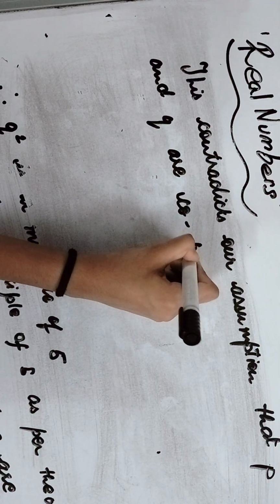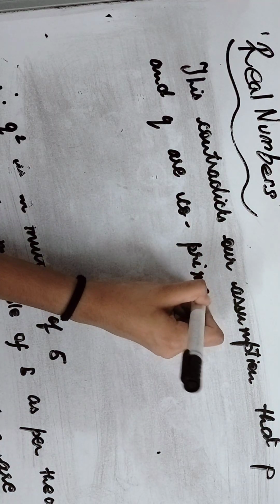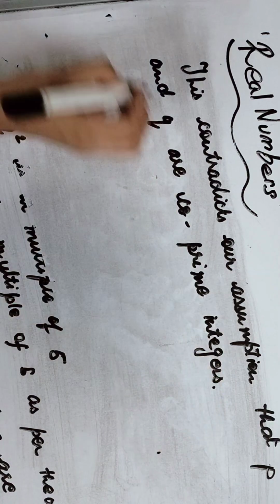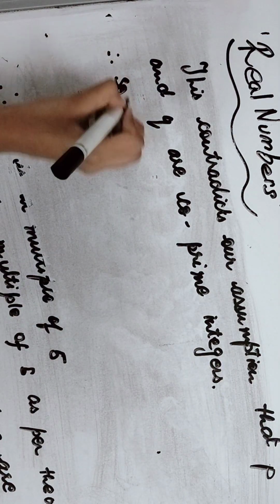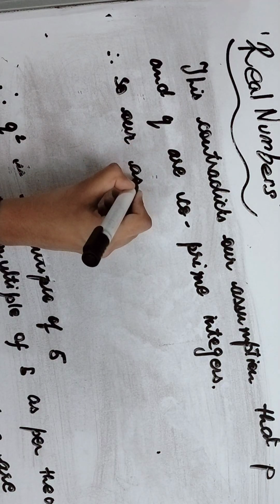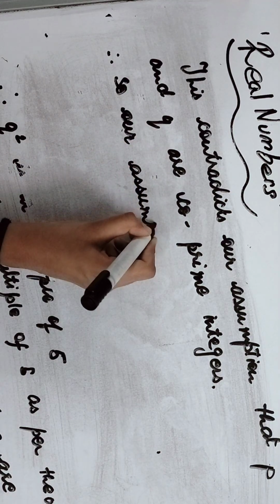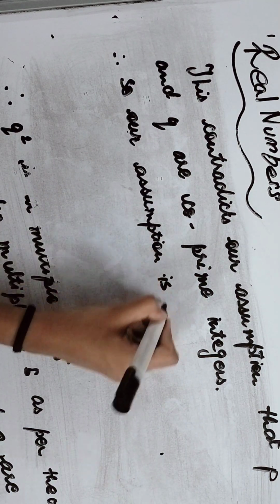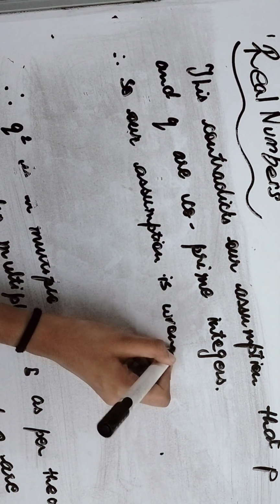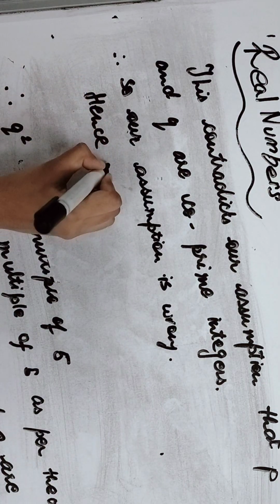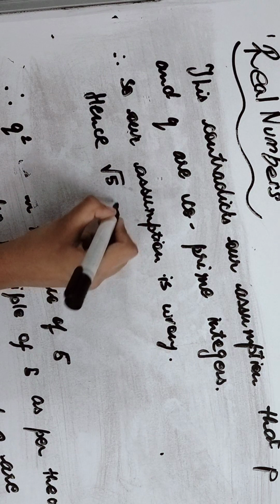So our assumption is wrong, and root 5 is an irrational number. Understood? Yes.